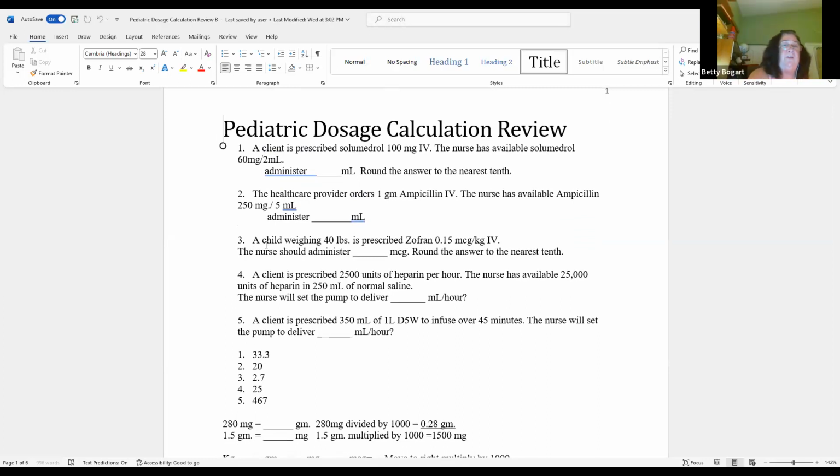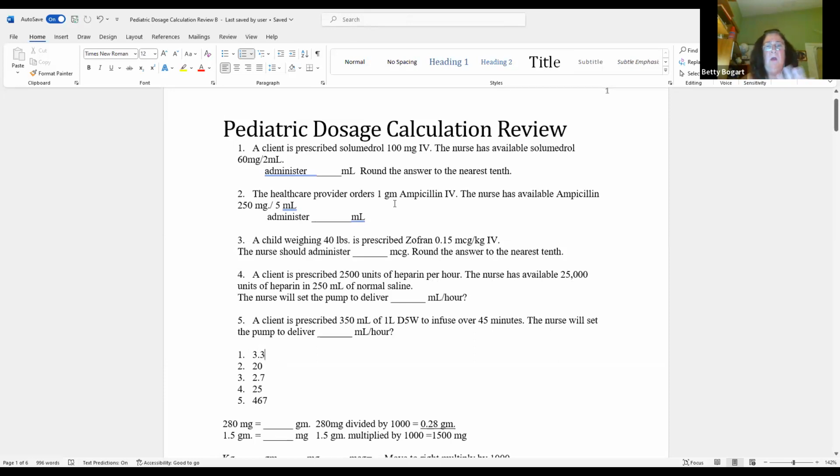This is an extra one that I did. 100 is our dose times 2 equals, divided by 60. 3.3. I just did this the other day when I was doing some dosage calc with somebody, and I was trying to get in some quick different numbers for them.